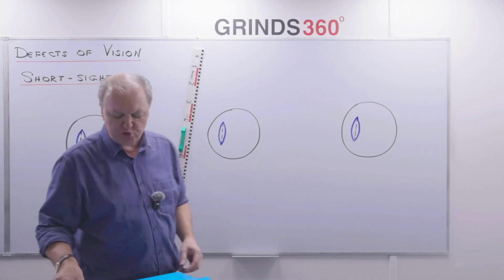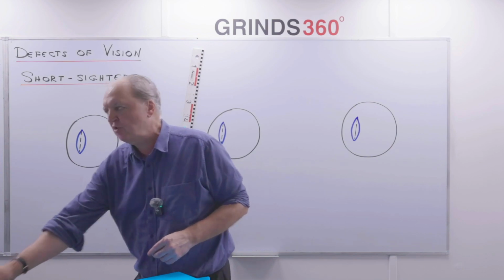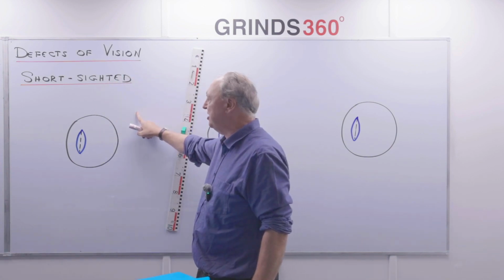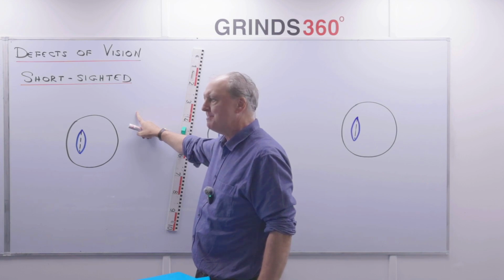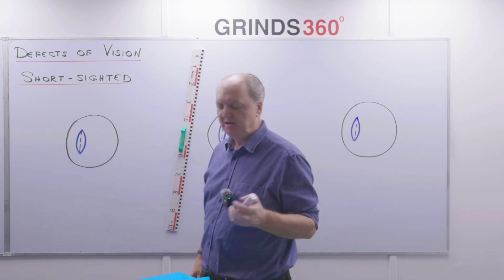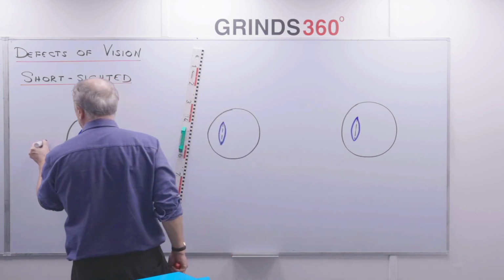So we're talking about a short-sighted person. I'm going to look at the first situation, where everything is okay. A short-sighted person can see near objects well. So let me put an object pretty close to the eye.